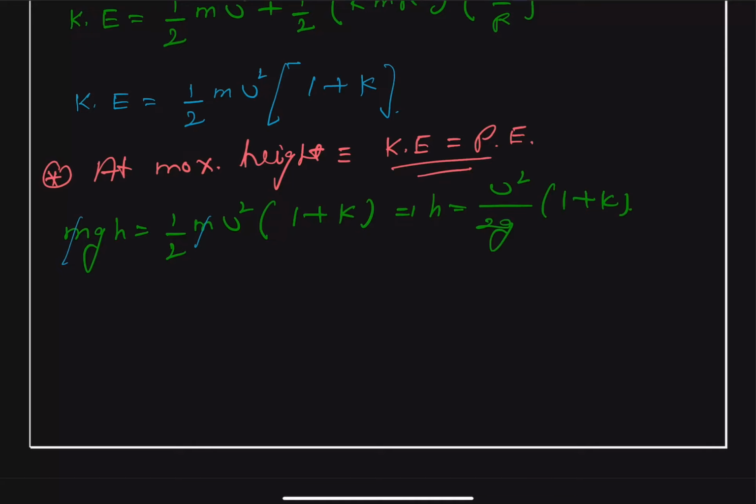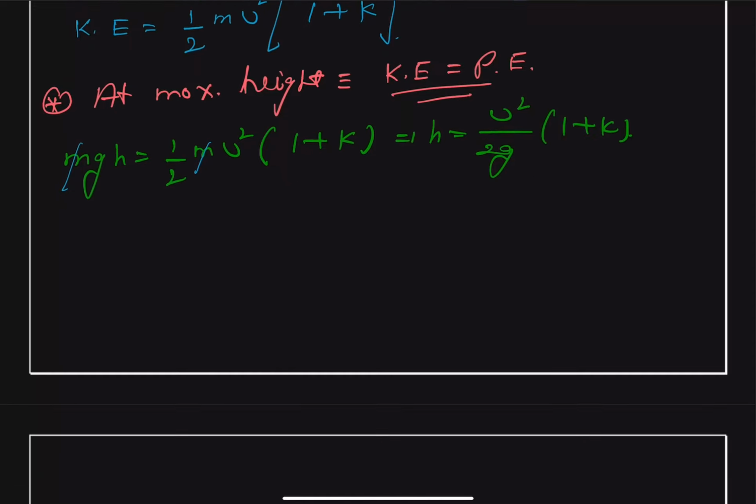Now we have two different objects, one is a solid sphere, the other one is a hollow sphere. So for the solid sphere, we know that the value of I, that is the moment of inertia, is equal to 2 by 5 m r square.